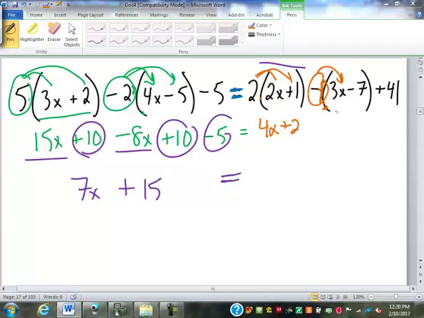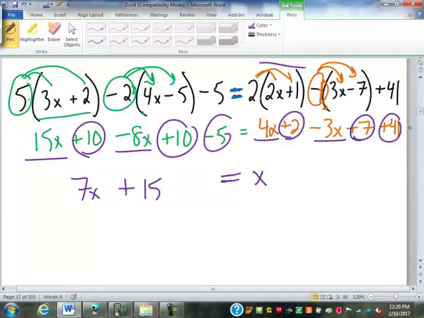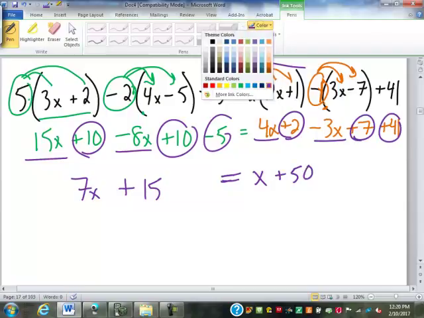So negative 1 times 3x is negative 3x. Negative 1 times 7 is a positive 7. We still have the plus 41. So now we've got 4x and negative 3x is just x, or 1x. 2, 7, and 41 make 50. Is that right? Yep.